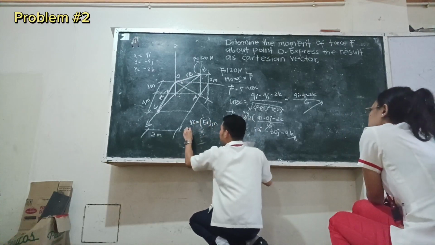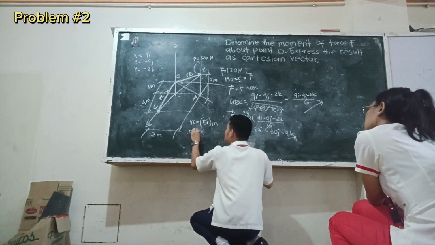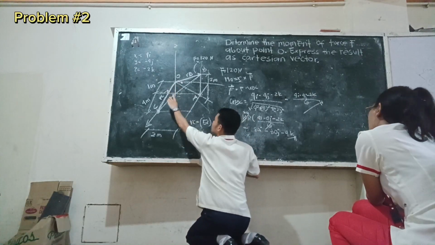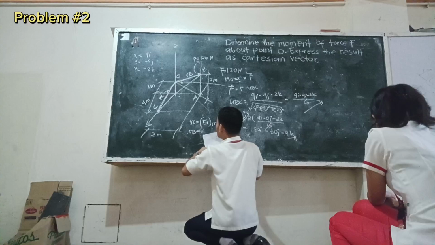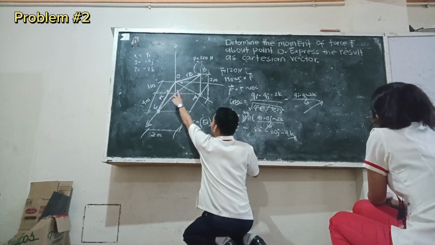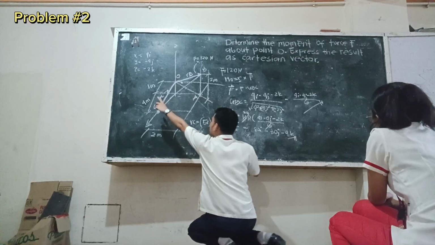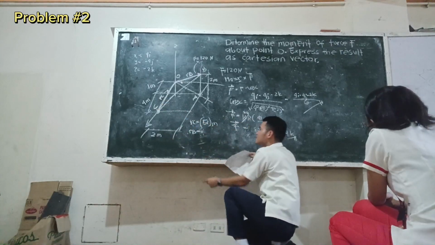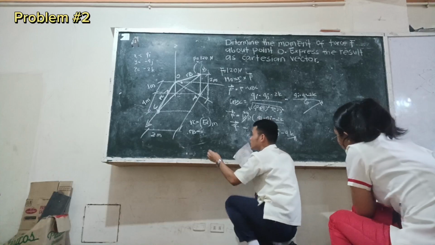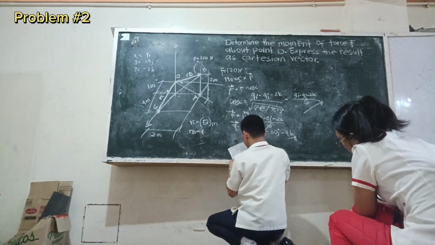For rB, along the X component we have a value of 1 meter, so 1 times i, still i.